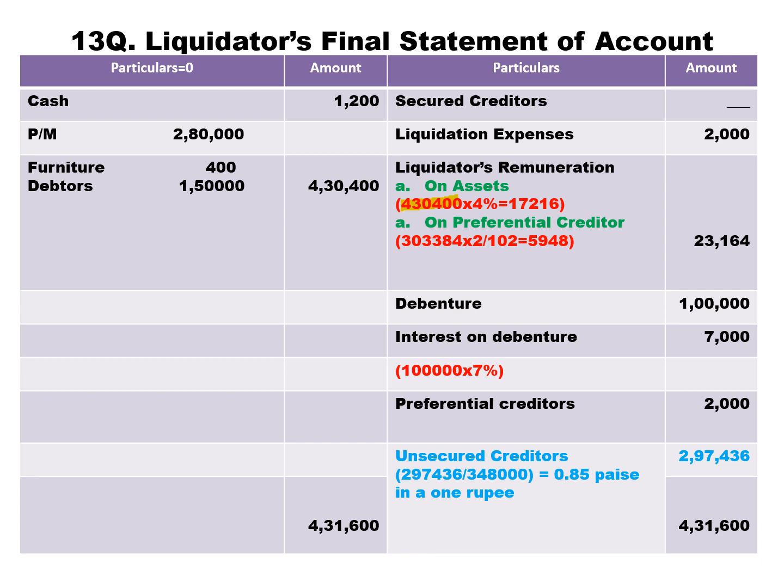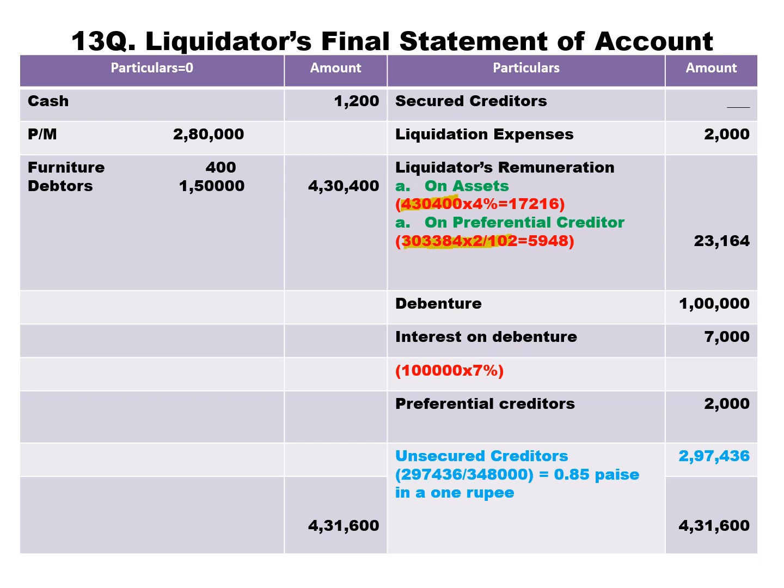So we have only 3,03,384. Sufficient amount is not available to pay unsecured creditors. Therefore, we need to divide by 100 plus rate to calculate remuneration. So this is how we calculate the remuneration.